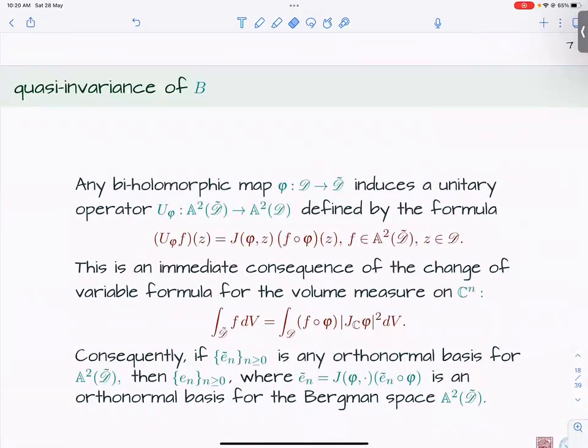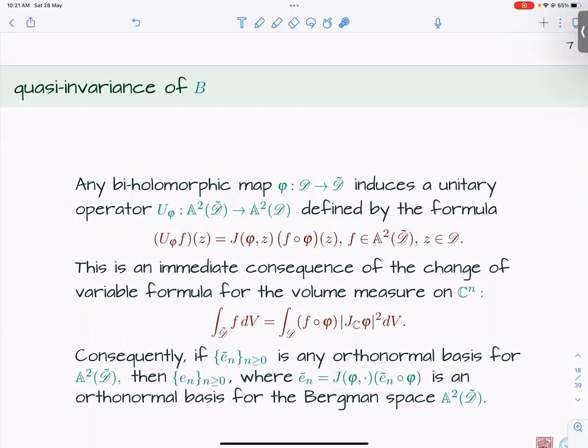Therefore, if we have an orthonormal basis, give yourself any orthonormal basis in A2 of D tilde. Then, by applying this unitary map, you will get a new orthonormal basis in the A2 of D. So the new orthonormal basis is going to be what?